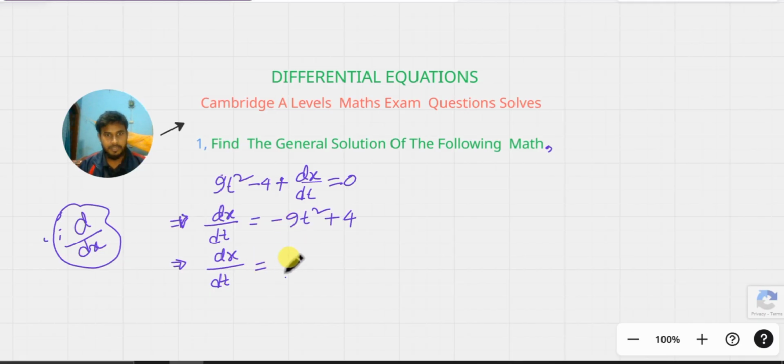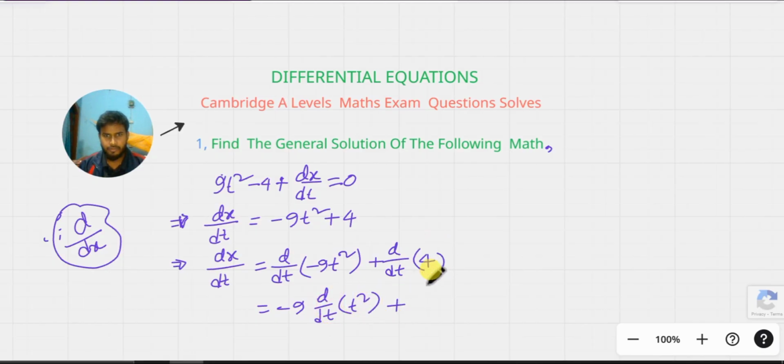Our variable is t, so the differential operator d/dt will be applied here: d/dt of minus 9t² plus d/dt of 4. We know that minus 9 is a number, so it will come outside, and the operator d/dt will apply on t², plus we know that if we differentiate any fixed number, the result will be 0.